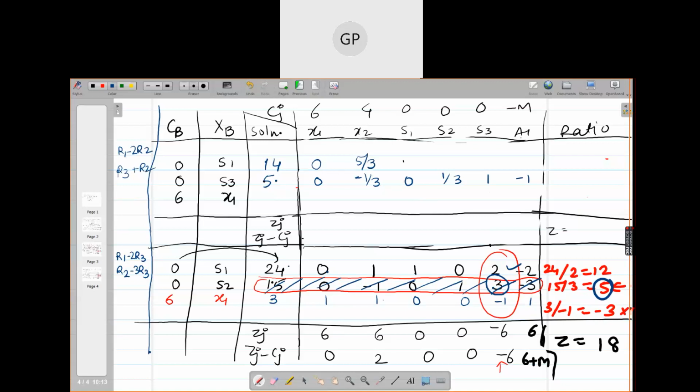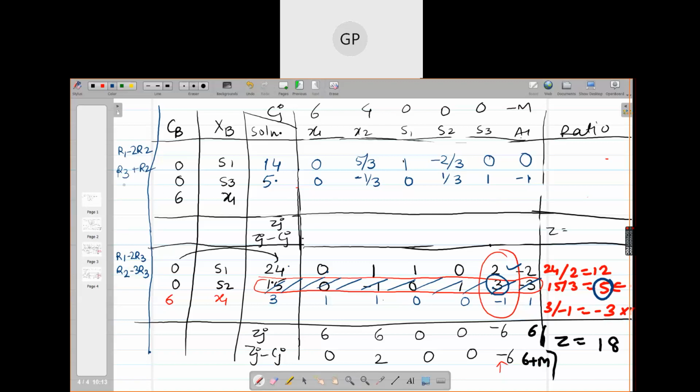Then 1, and minus 2 times 0 is 1 as it is. Now 0 minus 2 into 1 by 3, that is minus 2 by 3. Now this is 2 and minus 2 times 1, that is 0, and that is what you wanted. Then next, this is minus 2 and minus 2 into minus 1, that is plus 2, that is also 0. So this element also has become 0 automatically.